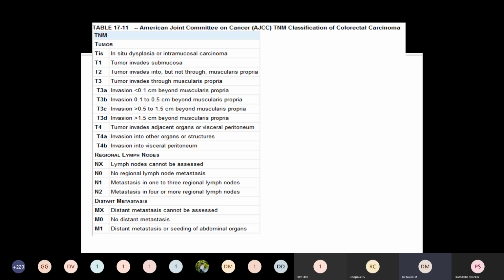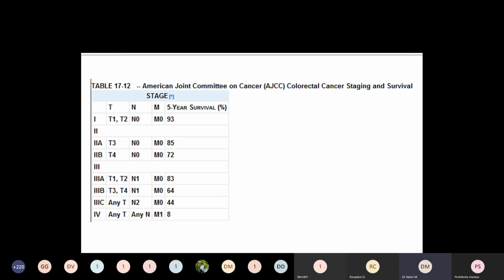MX is when we can't assess the distant metastasis on the specimen provided to us, and M0 and M1 for absence and presence of distant metastasis. This again has an implication in the 5-year survival, where it is 93% in stage 1 and 8% in stage 4.